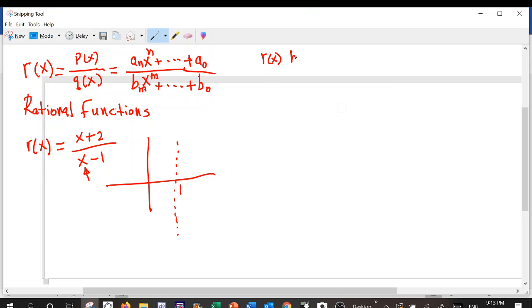So r of x has vertical asymptote at x values that make q of x 0, but not p of x.